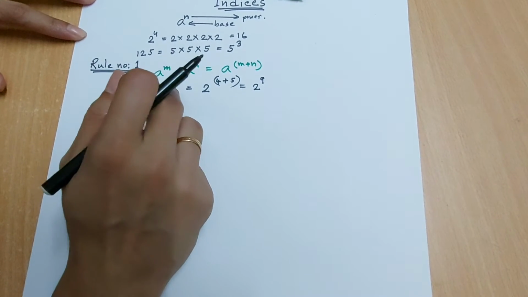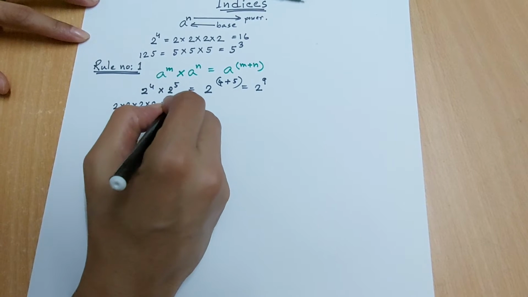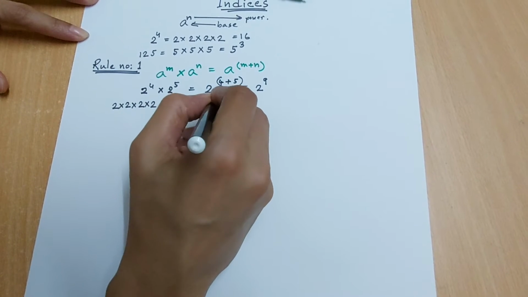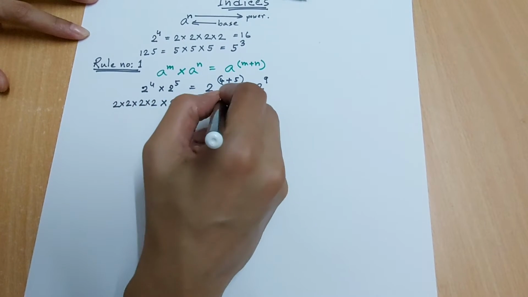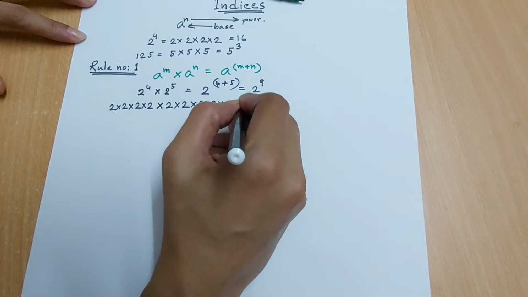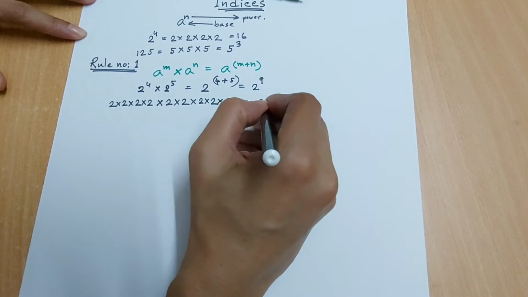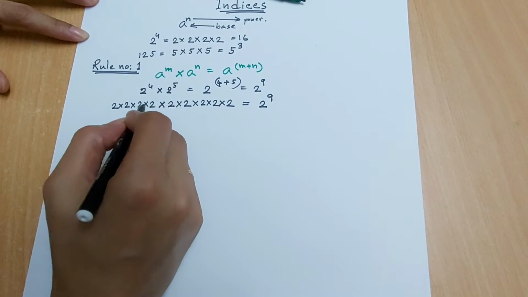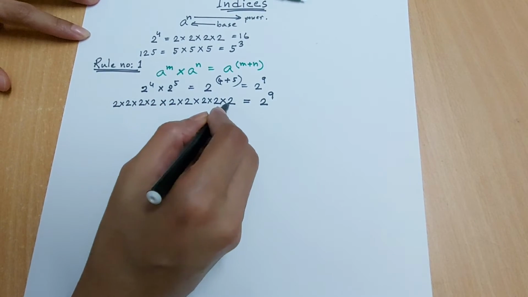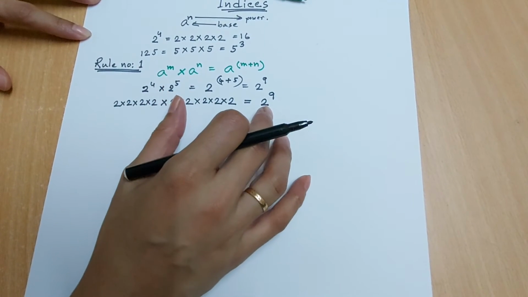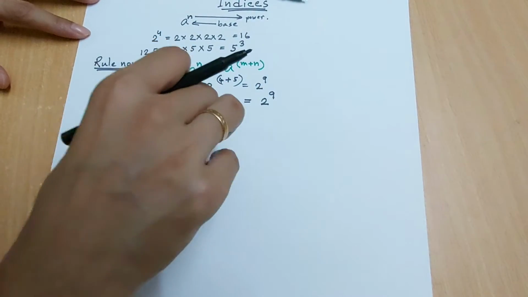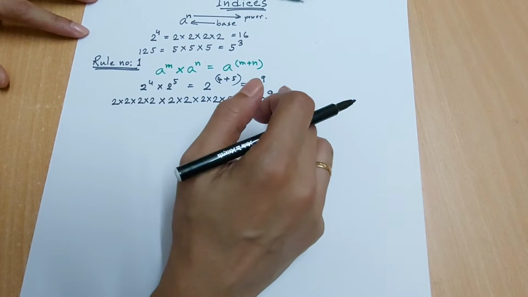Into 2 power 5, then we will multiply 5 twos here, equals 2 power 9. 1 2 3 4 5 6 7 8 9. There are 9 twos multiplied by itself, 2 multiplied by itself 9 times, that is 2 power 9.